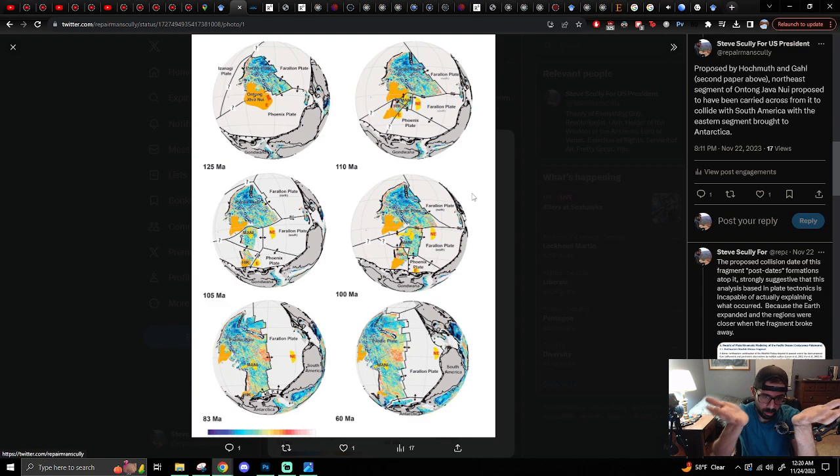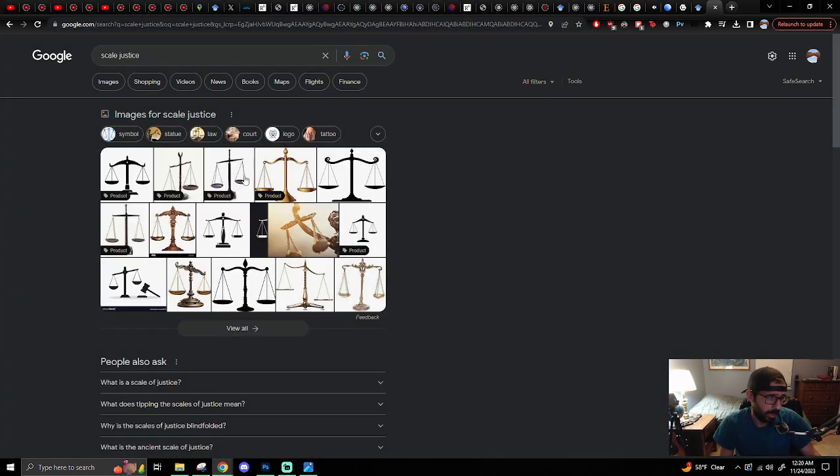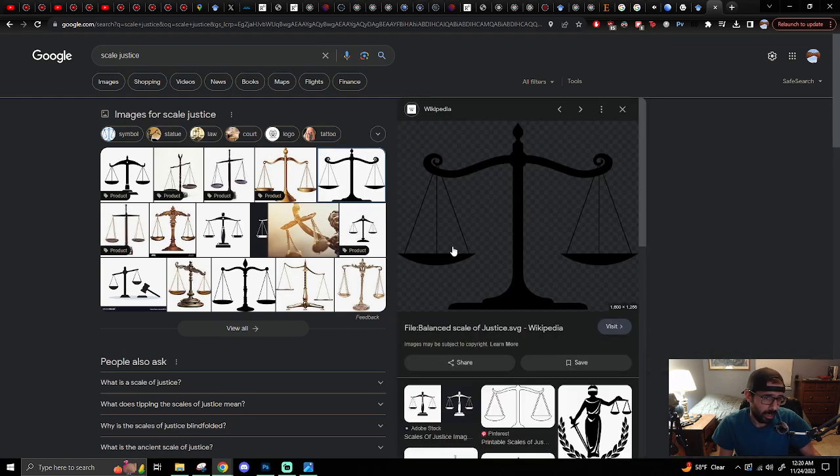Imagine a scale, like one of those scales that's on a standing statue of justice. Everything is put on the plate tectonic side, and nothing is put on the Earth expansion side, because that side has never even had anything put on it, but it's still a side that exists to weigh things.